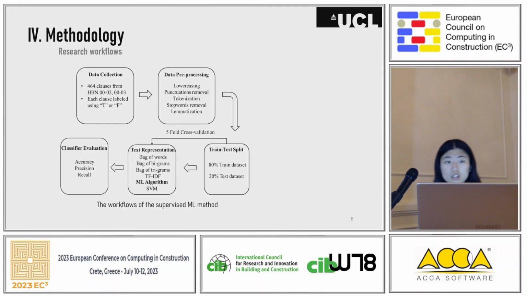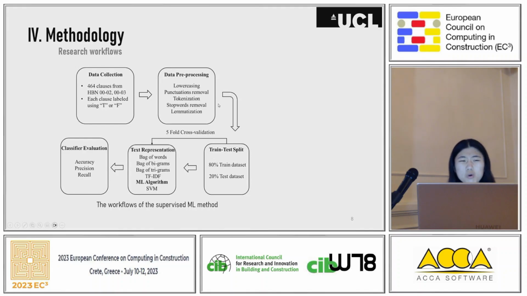So for our work, we did the initial exploration in this area by using a supervised machine learning model. And we collected data from Health Building Notes in England, and they're known to have some ambiguous clauses, and we labeled them as T or F for each clause, where T means ambiguous and F means unambiguous.